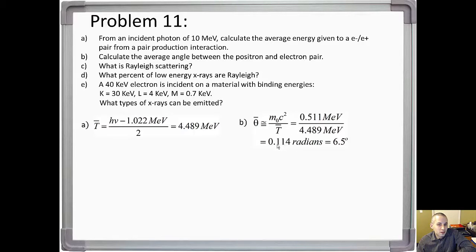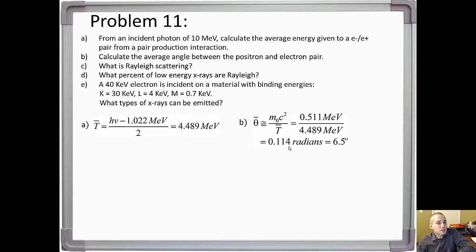If it's in radians, you're going to have to convert radians to degrees, which can be performed by multiplying the radians answer by 360 degrees divided by 2π, just as a refresher.